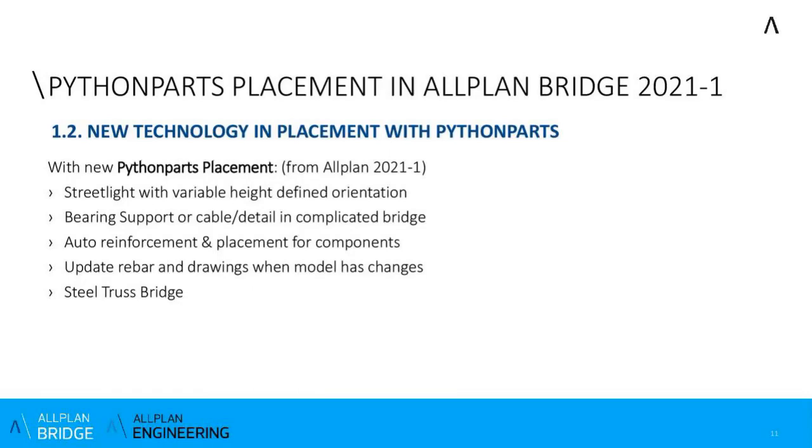So using this new technology, pythonpart placement from Allplan 2021.1, we can do a lot: street lights with variable height and defined orientation, bearing support or cable detail in complex bridges like a cable-stayed bridge or suspension bridge, and we can do automatic reinforcement and placement for the components.